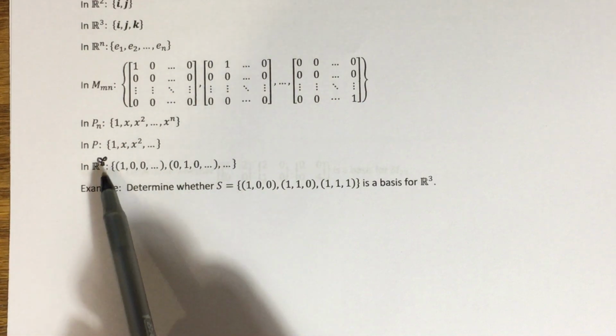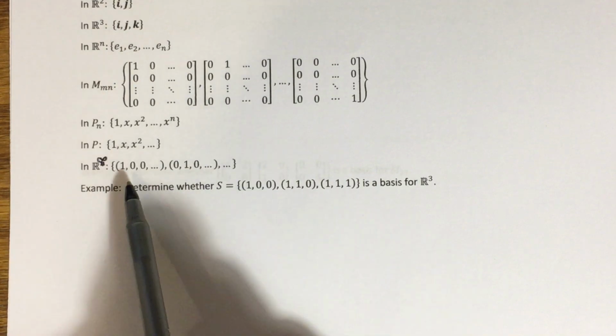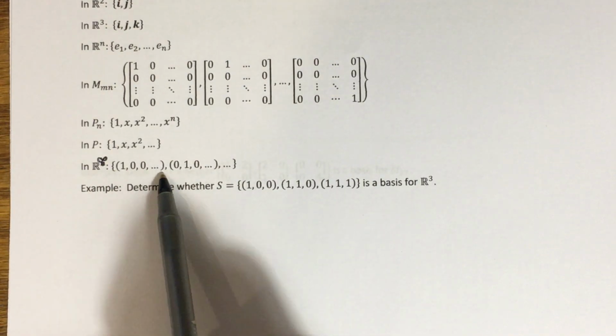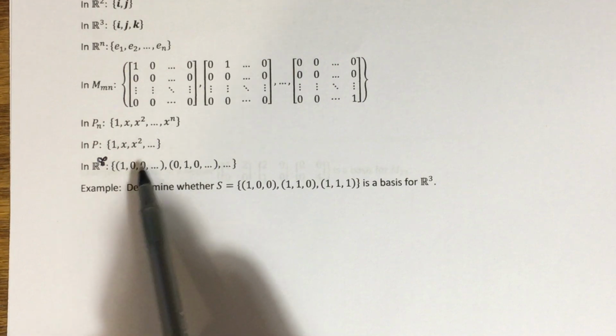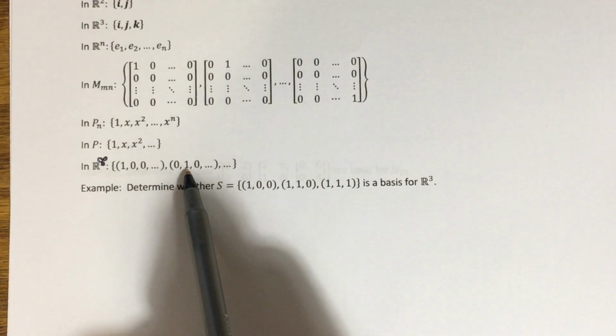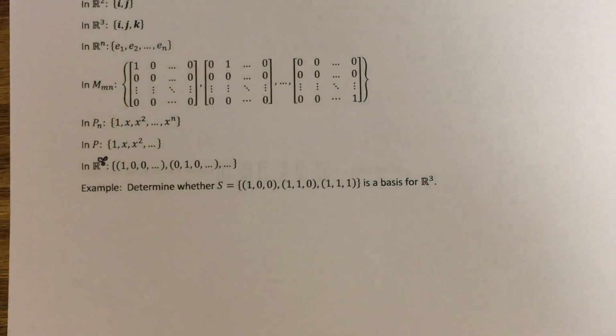The standard basis for that looks very similar to the standard basis for Rn, but instead of ordered n-tuples, we have sequences with an infinite number of terms in them. So in the case for R infinity, we have a 1 in the first component, zeros everywhere else, then a 1 in the second entry, zeros everywhere else, and so on. You can see this goes on forever, okay?